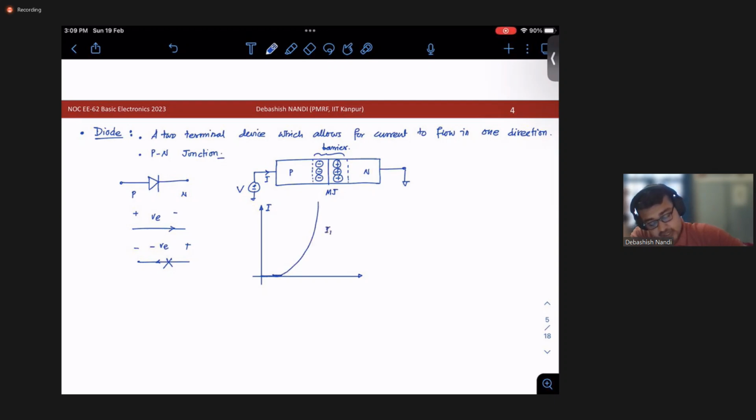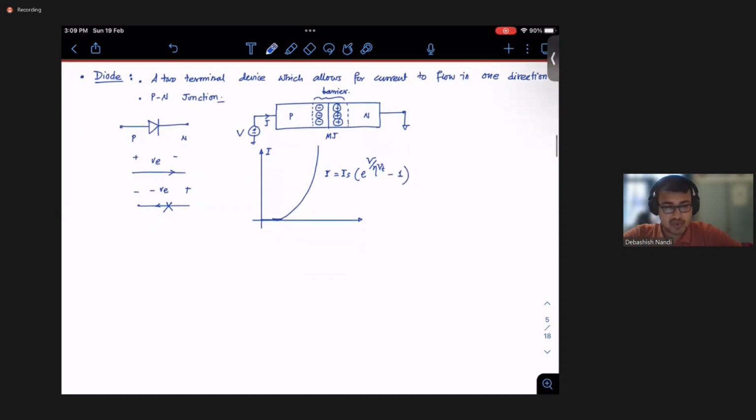So if you see the diode characteristics, it will be like this: exponential of the applied voltage V divided by eta Vt, minus one. Let's not worry about these terminologies right now. This will not be so important to us for this course.